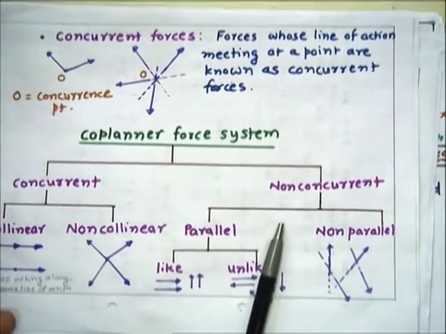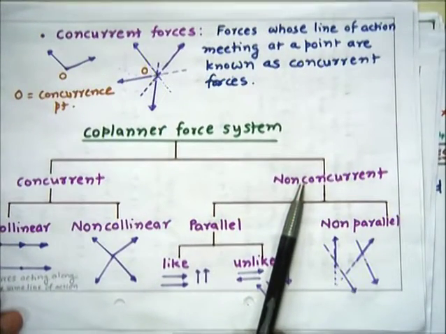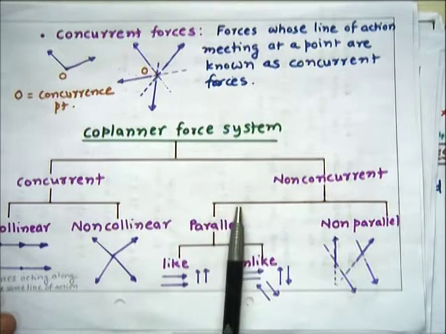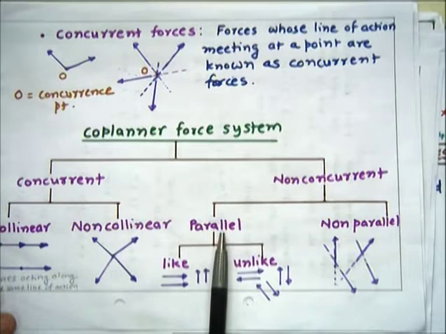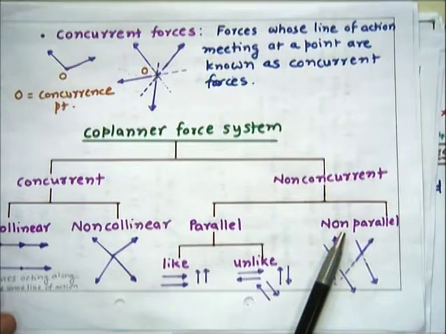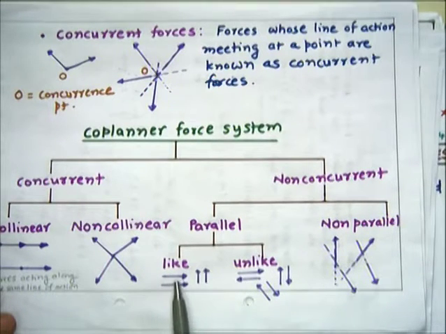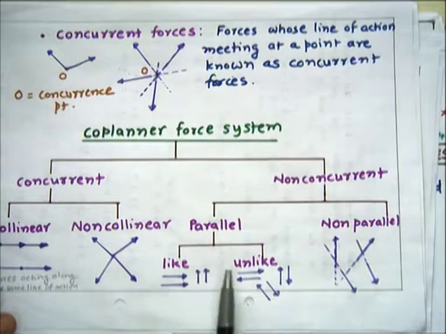Then non-concurrent forces are forces whose lines of action are not meeting at a common point, and under that there are two subcategories: parallel non-concurrent forces and non-parallel non-concurrent forces. In parallel, there may be forces parallel like this in the same direction or same sense. They are known as like parallel, maybe horizontal or vertical or even inclined, but in the same direction and parallel.